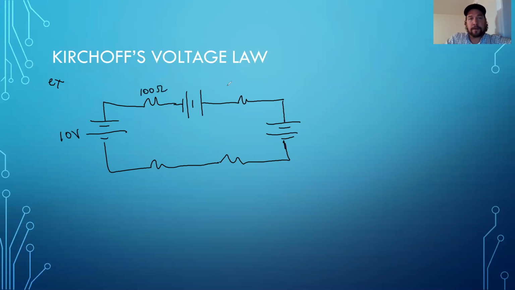I'm going to be lazy and call them all 100 ohm resistors. For simplicity's sake, I'm going to call this one a 5 volt, and let's make this one 5 volts as well, just for argument's sake.